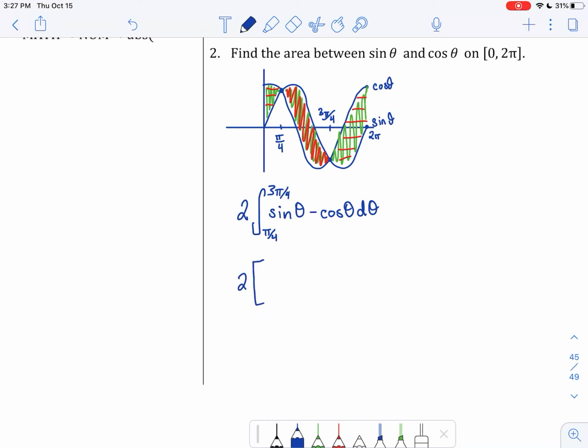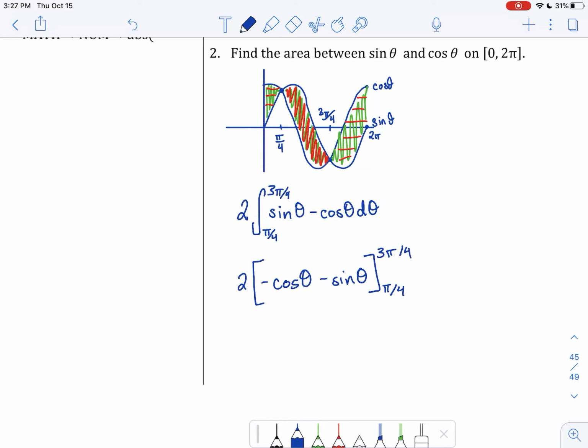You get 2 times negative cosine of theta minus sine of theta. Be really careful with your negatives when you're integrating and differentiating with trig. From pi over 4 to 3 pi over 4, like so.